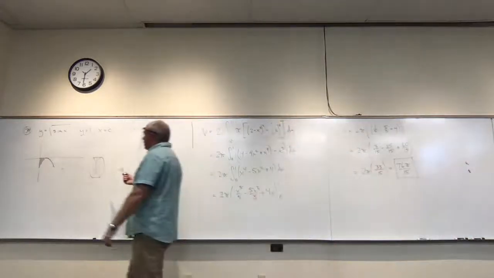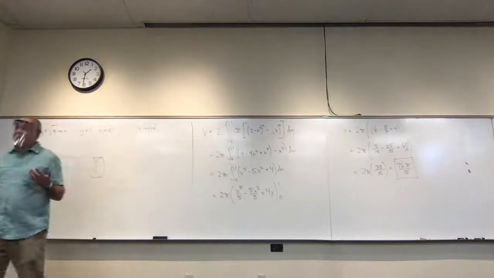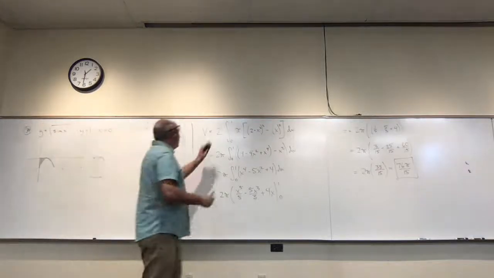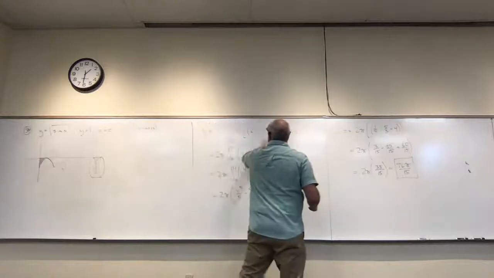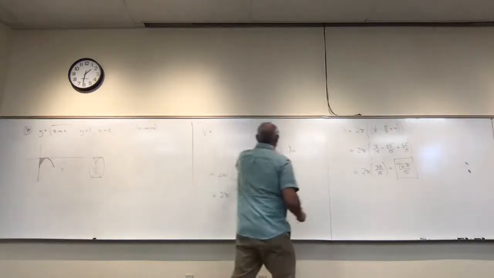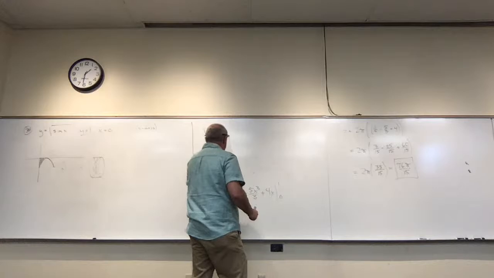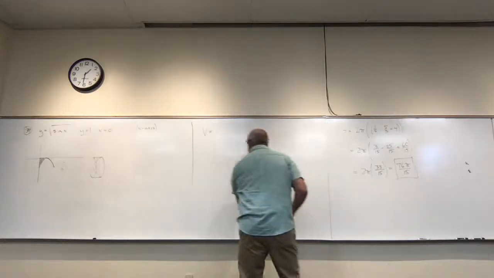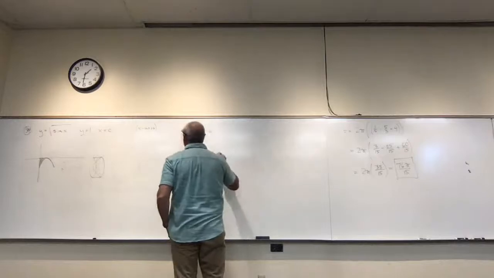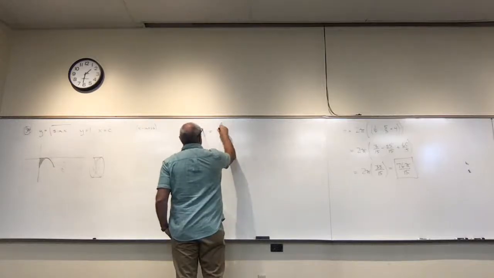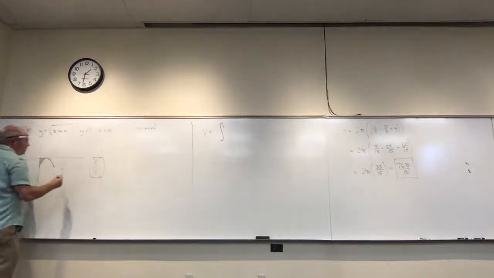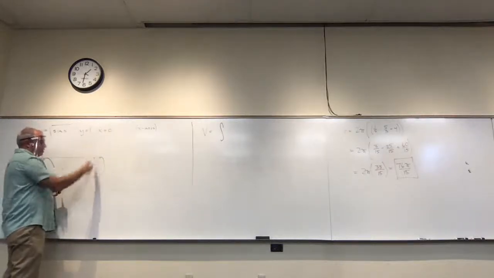Okay. So we want to do the exact same thing. We're still doing the washer method. So we are going to take the integral from, in this case, we're chopping washers this direction.